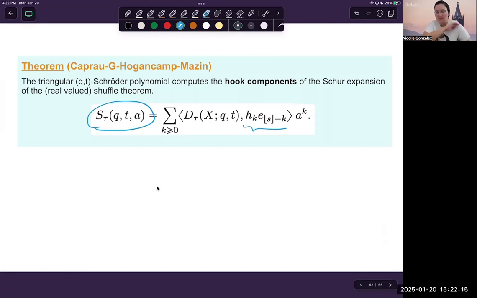This function a priori had nothing to do with the shuffle theorem. It was developed completely independently. It had everything to do with knot theory. And now we've found that it is related to this very celebrated theorem in algebraic combinatorics known as the shuffle theorem.